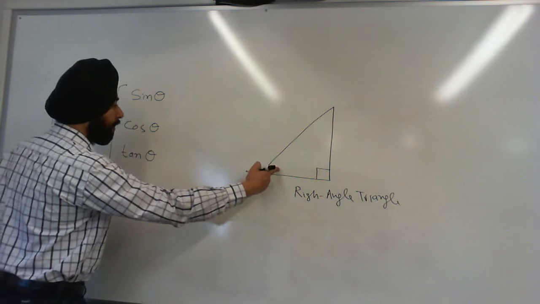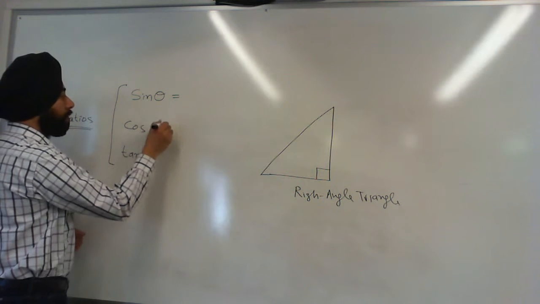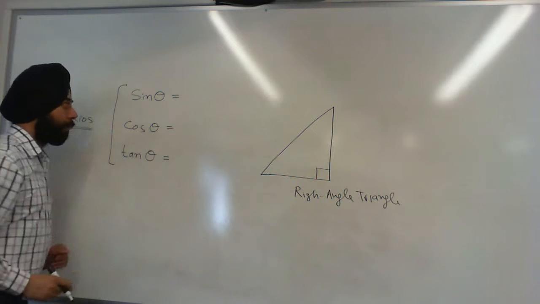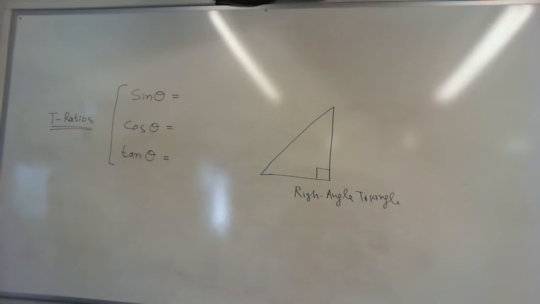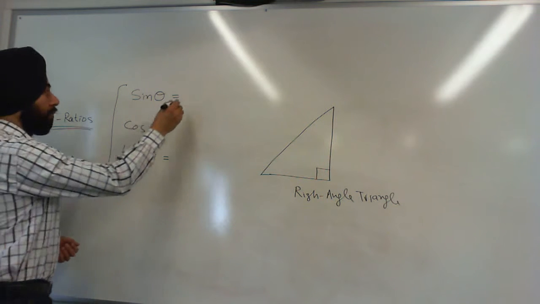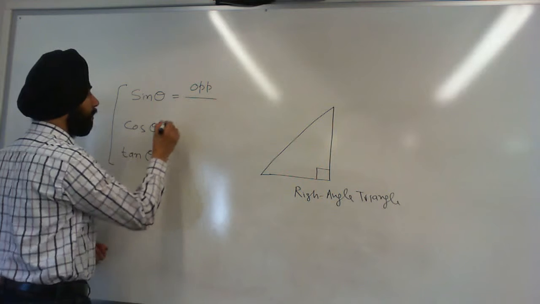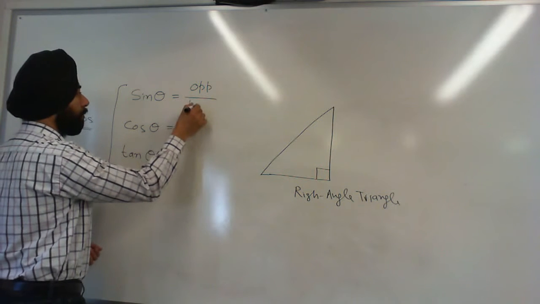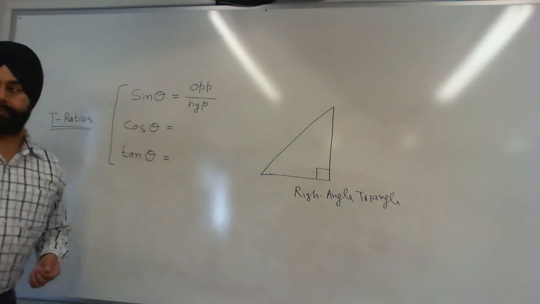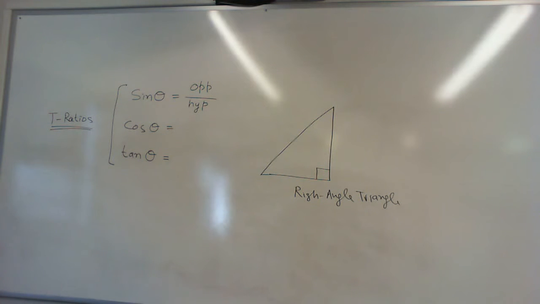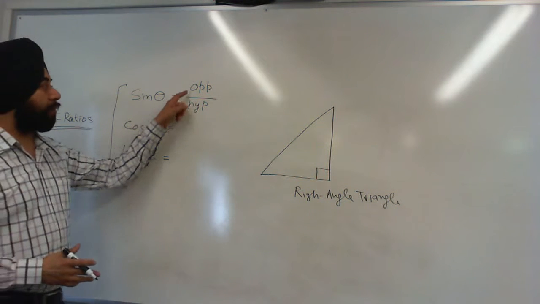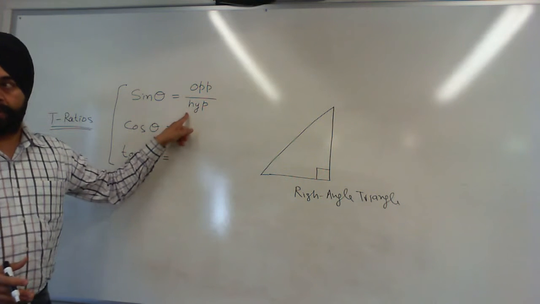And for a right angle triangle, this is how they are defined. The sine t ratio, sine theta, is defined as opposite divided by hypotenuse. Sine theta is always equal to opposite divided by hypotenuse. Now you will wonder, what is this opposite and what is hypotenuse?